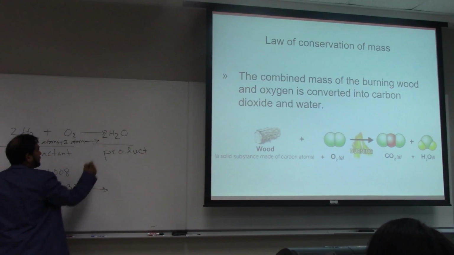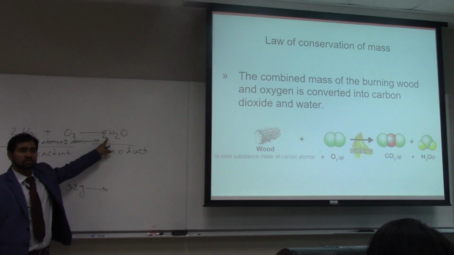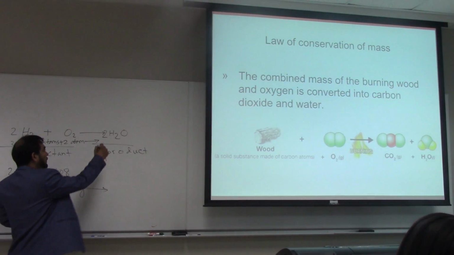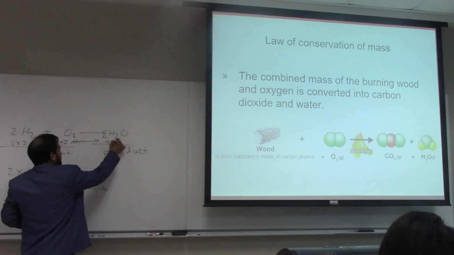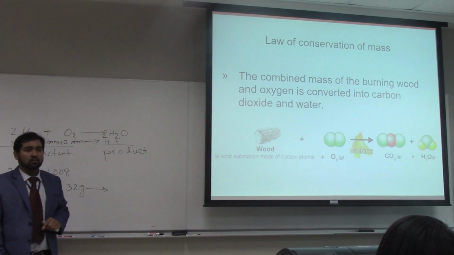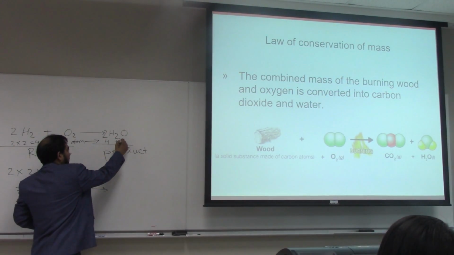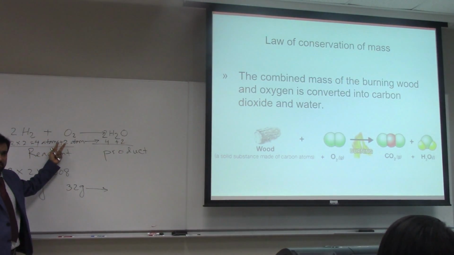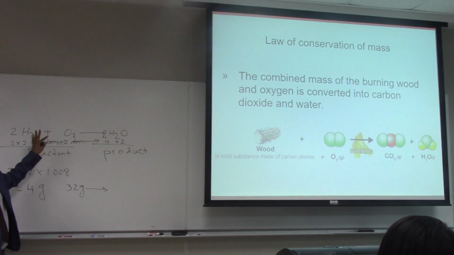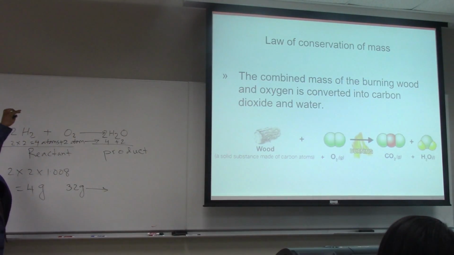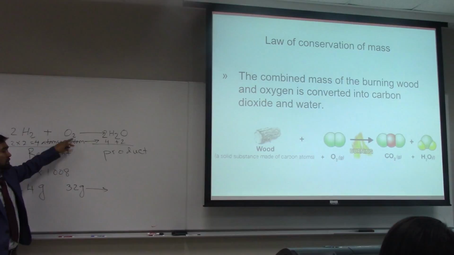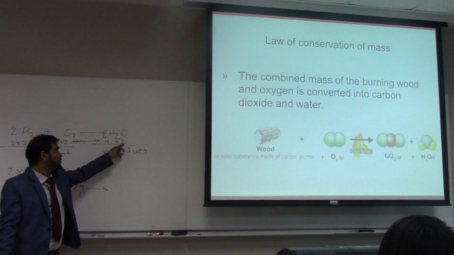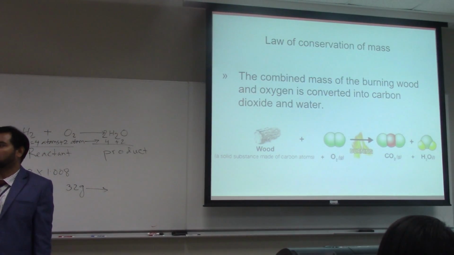Let me ask you a question. How many hydrogen atoms are there here? 4 atoms, right? And how many atoms of oxygen? 2. That means the total was 4 plus 2, 6 atoms, or you can say 4 atoms of hydrogen reacted with 2 atoms of oxygen. You see, exactly 4 atoms of hydrogen and 2 atoms of oxygen.